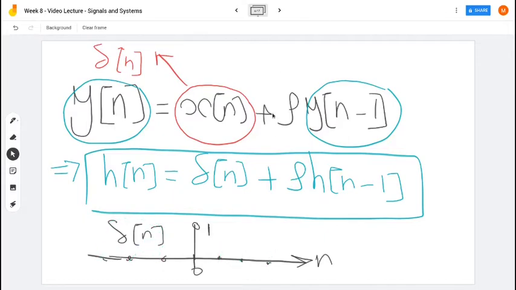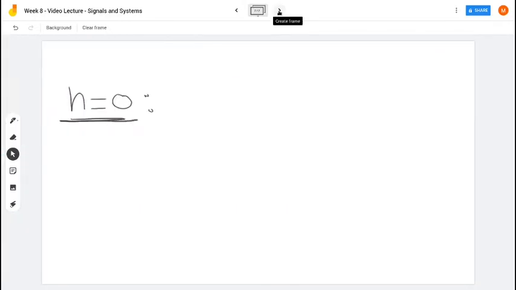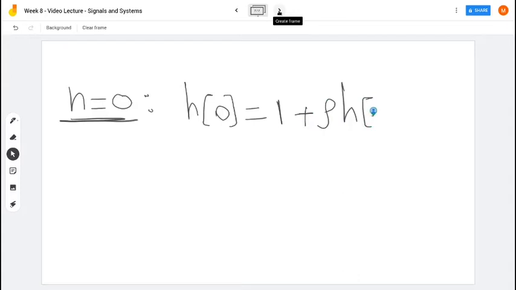So moving on, at instant n equals 0, we will have h of 0 equal to delta of n evaluated at instant 0, which is 1, plus rho times h of n minus 1. 0 minus 1 is minus 1. So here we need to find the value of h of minus 1.